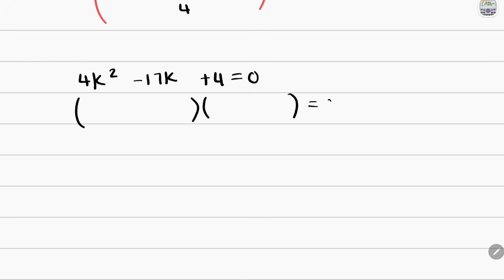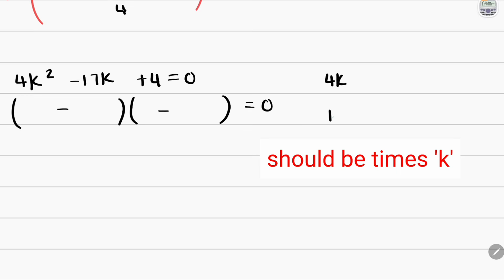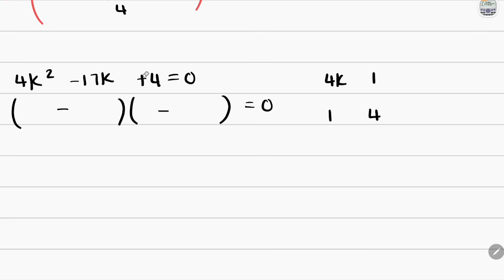The middle is the only negative, so we already know both factors will be negative. So we're looking at 4k times k. And this is a simple one. To get that negative 17, just make this 4 and make that 1. So 4 times 1 gives us 4, and we know these will both be negative.